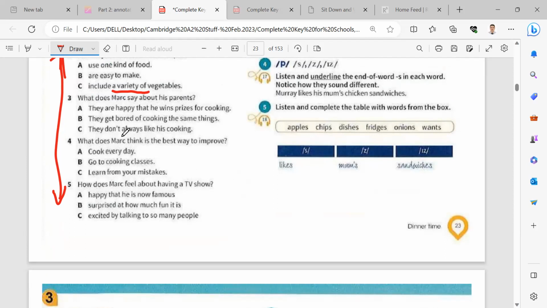They don't always like his cooking, meaning they didn't like all the food he made, but they usually like it. Why? Because it's difficult to make everyone happy all the time. Does that make sense? Yes.